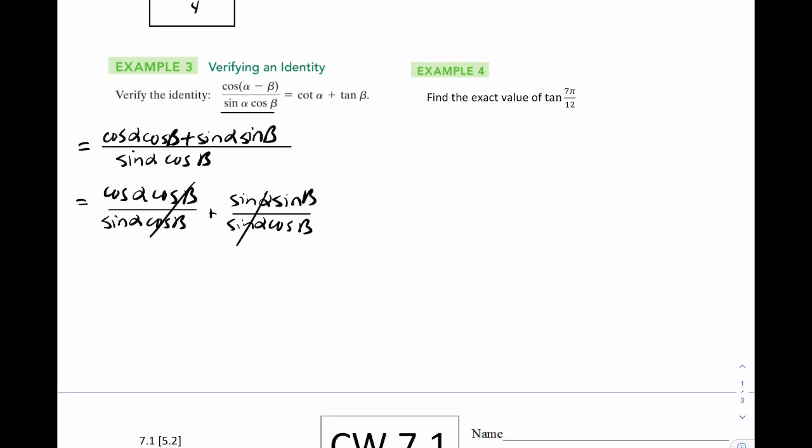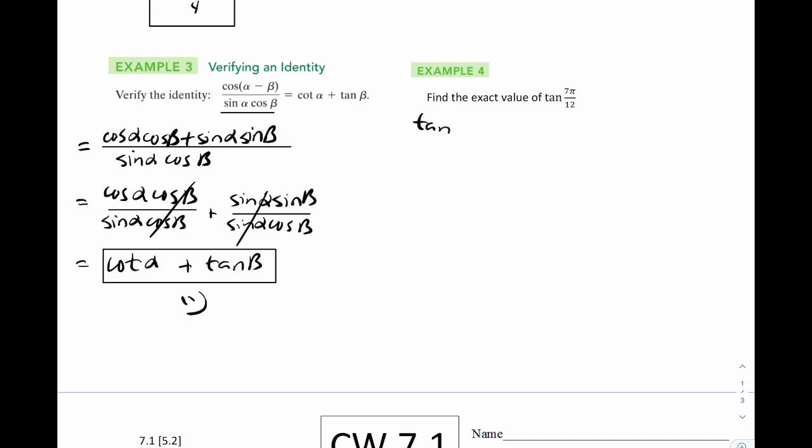Notice how this reduces. Cosine over sine is clearly cotangent, and sine over cosine is tangent. And there it is. We've proved it. Happy face. Last example. Find the exact value of tan 7 pi over 12.